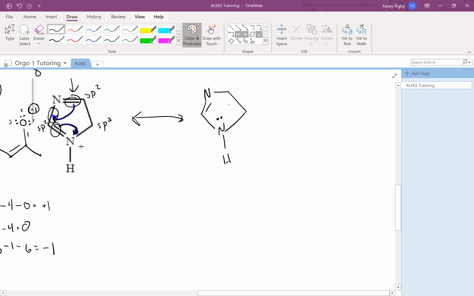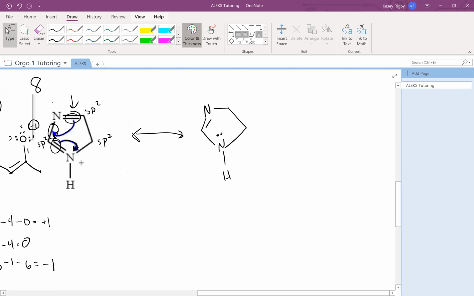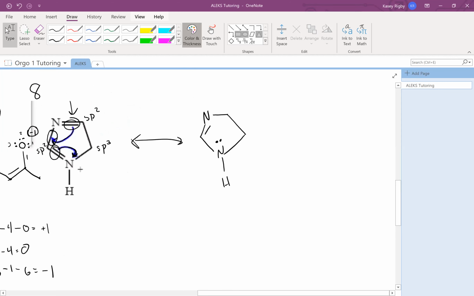Okay, so now we make sure everything follows the octet rule. Again, like I said before, it's implied that if it's not shown that there are electrons there that make that formal charge into 0. So this guy is still going to have these lone pairs here. Okay. So let's count up this octet rule. But I see one problem already.